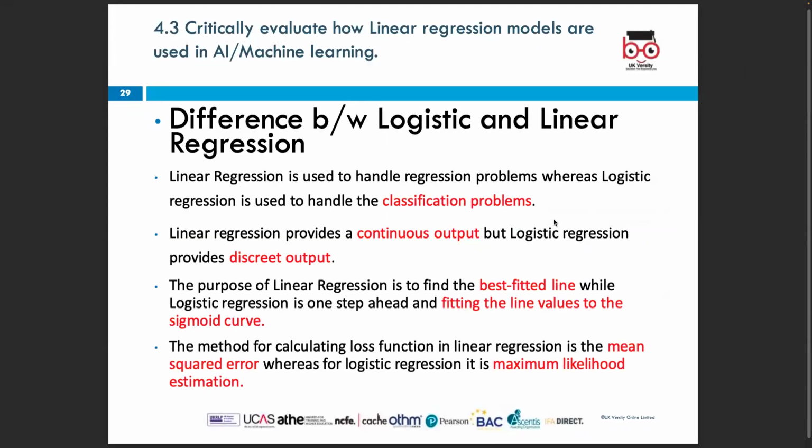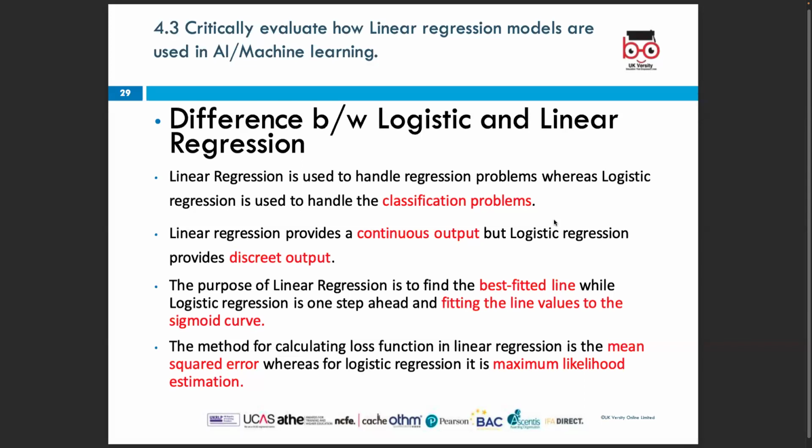So critically evaluate how linear regression models are used in AI machine learning. Difference between logistic and linear regression. Linear regression is used to handle regression problems, whereas logistic regression is used to handle classification problems. Linear regression provides a continuous output, but logistic regression provides discrete output.